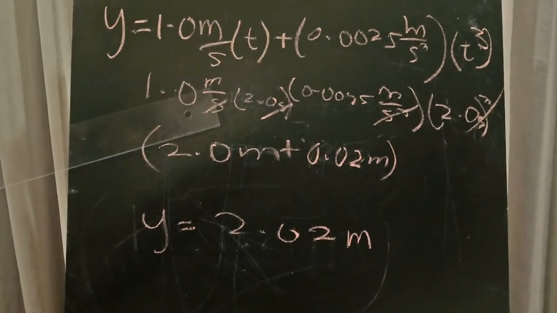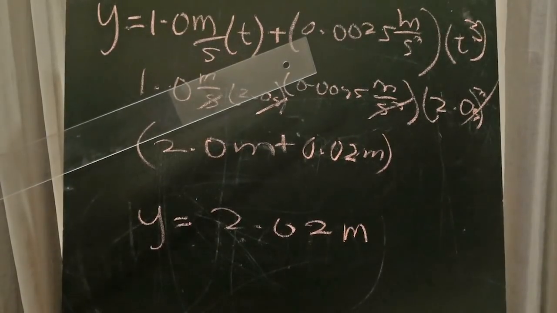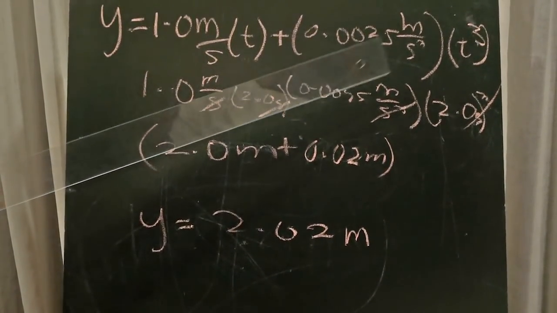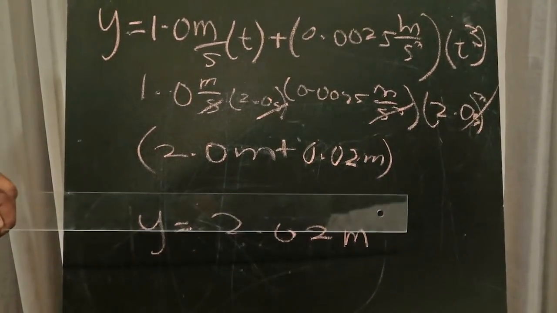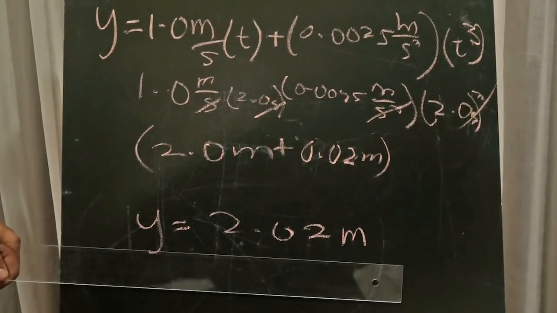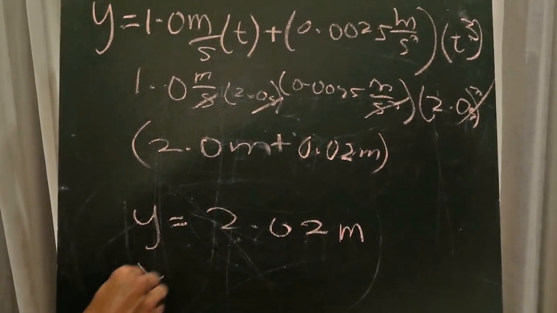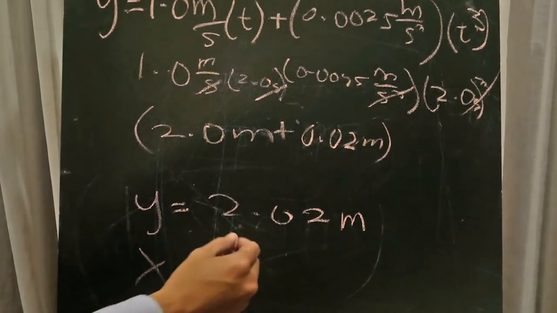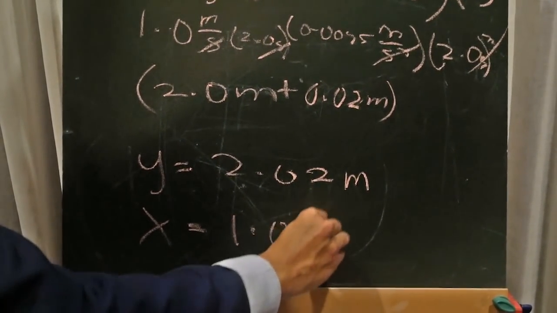All we have left to do is multiply 2 and 1, which gives you 2 meters, and then our 0.0025 meters multiplied to 2, which will give you 0.02 meters, which will then yield you an answer of 2.02 meters. And so, with this, we now have our x and y, which is y at 2.02 meters and x at 1.0 meters.